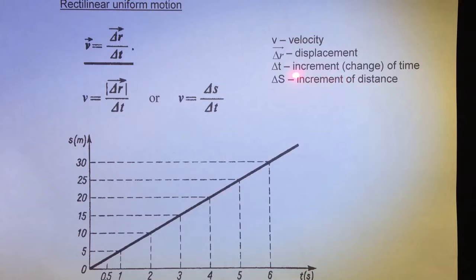Instead of distance delta s, we sometimes use a term displacement, the displacement delta r, in most cases when we are dealing with a vector form. And now we need to know the interrelation between the three quantities: velocity, distance, and time.